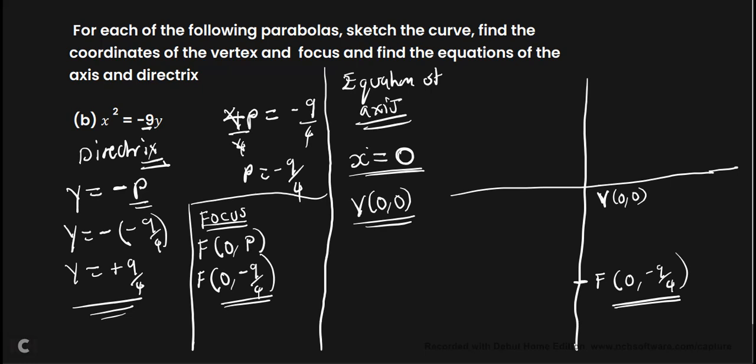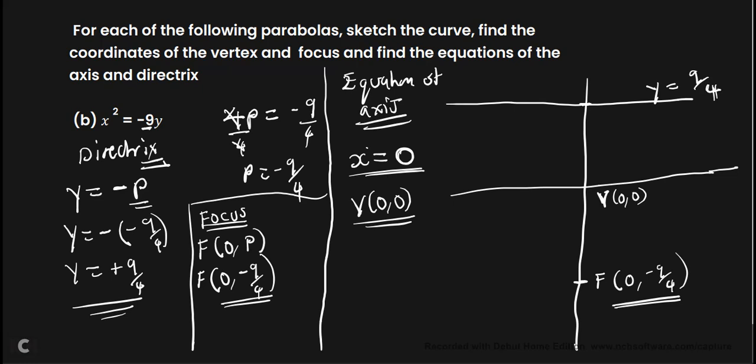This is your vertex. Then what is your directrix in that situation? The directrix in this situation is y equal to positive 9 over 4. So meaning that it is somewhere here, right? We're just estimating, it's not exact drawing.